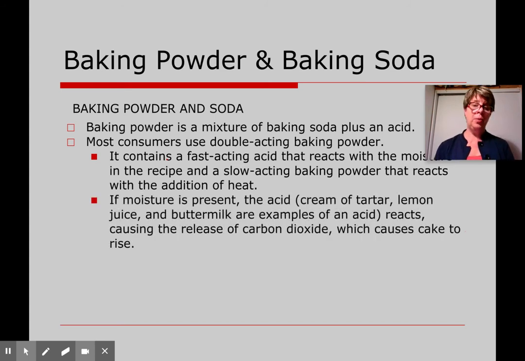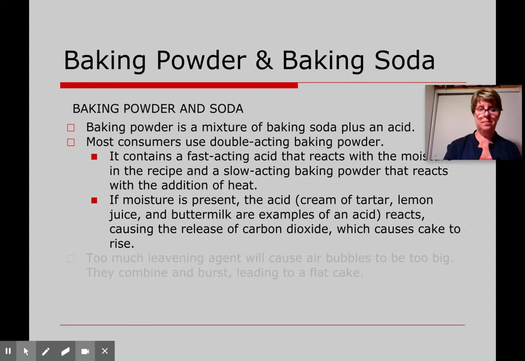So if moisture is present, like buttermilk, the acid, so it could be cream of tartar, lemon juice, or buttermilk as examples of an acid, reacts, causing the release of carbon dioxide, which causes cake to rise.